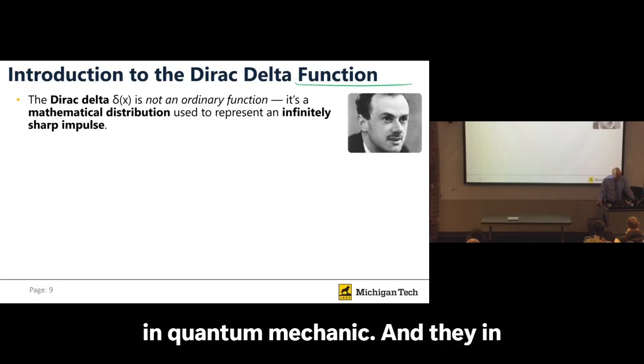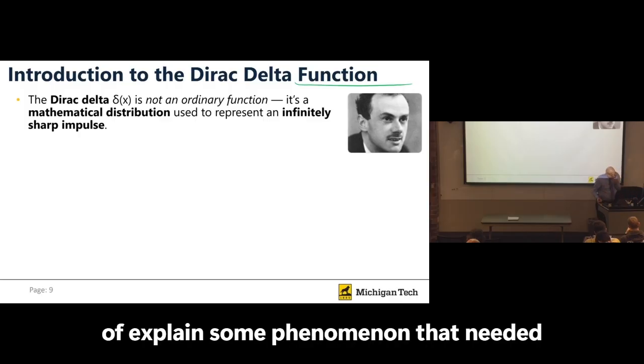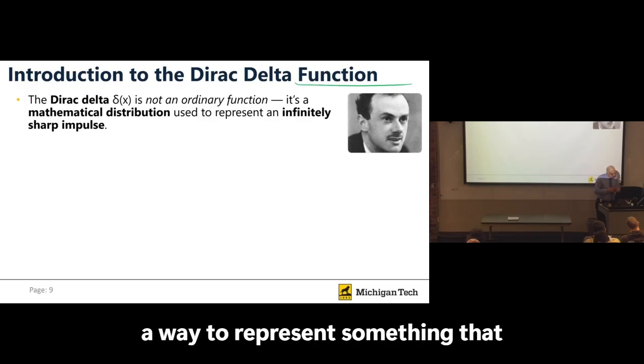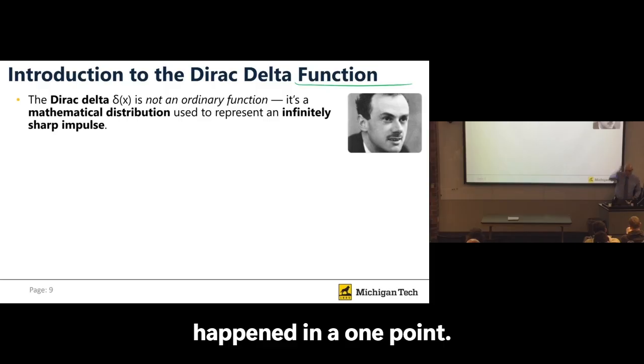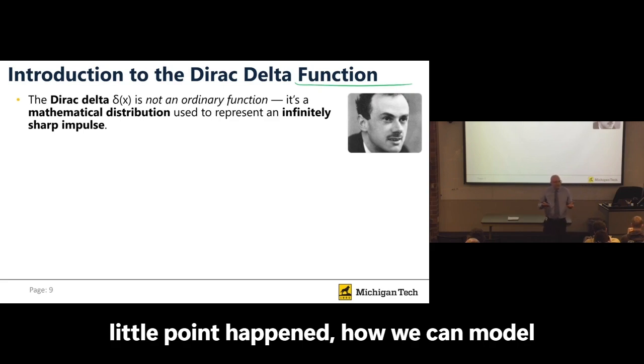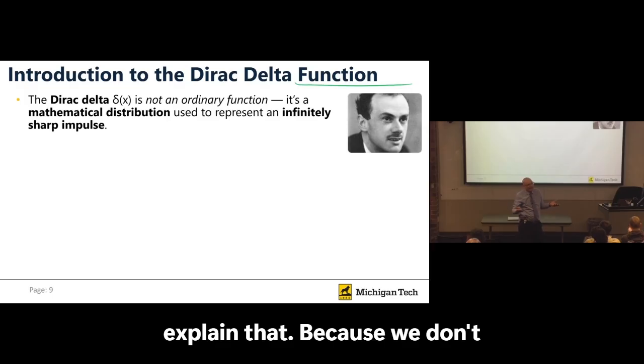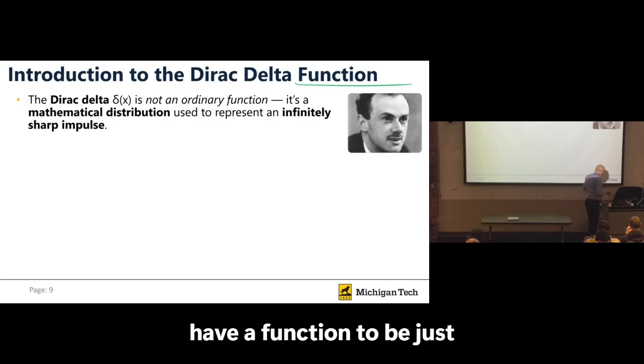In that time, they wanted to explain some phenomenon that needed a way to represent something that happened at one point, like a Big Bang happening at one little point. How can we model that? And mathematics at that time couldn't explain that, because we don't have a function to be just one point.